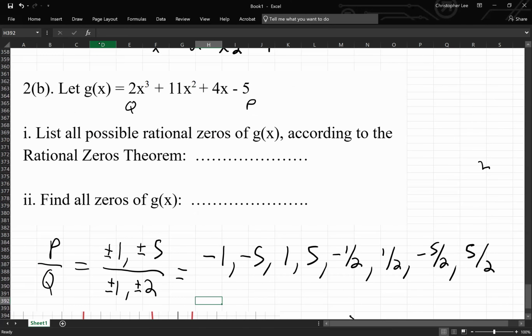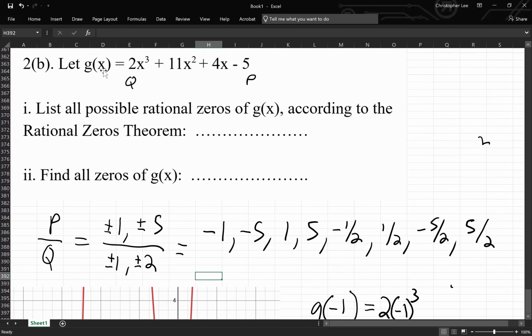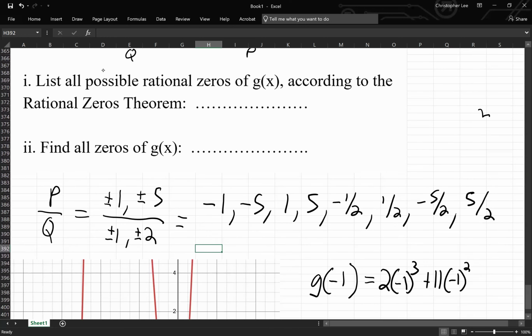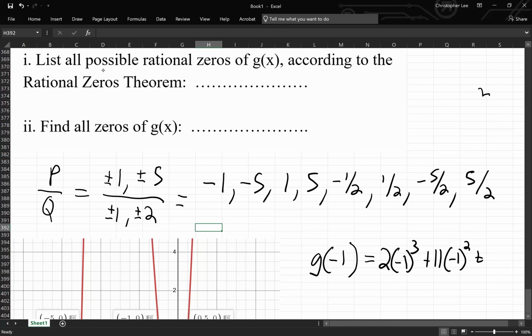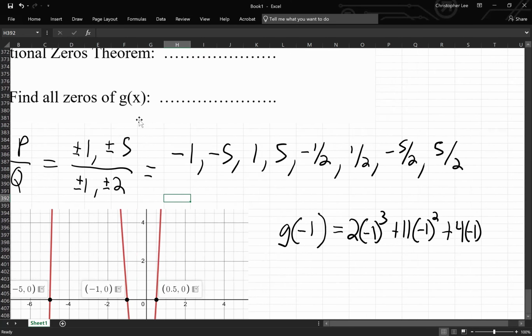So now I'm going to have what? 2 times -1 cubed, plus 11 times -1 squared, plus 4 times -1, minus 5.